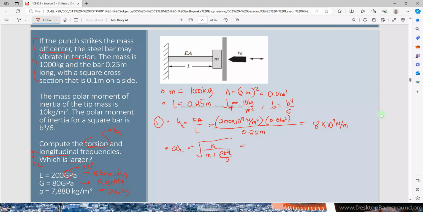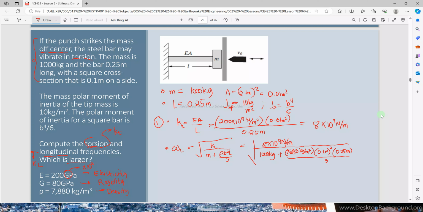Additional parameters were given. So K is 8 times 10 to the 9 Newton per meter over the mass, which is equal to 1,000 kilograms, plus rho, 780 kilograms per cubic meter, times b squared, where b is the side of the square, 0.1 meter, squared, times L, which is 0.25 meters, over 3.